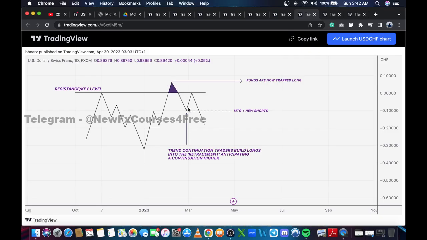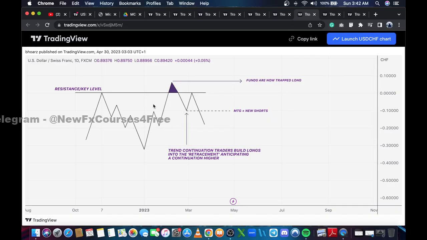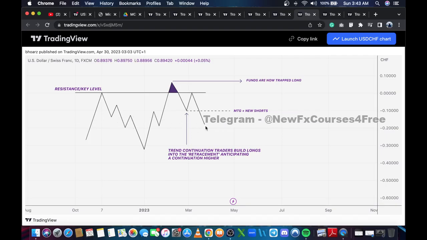So new funds are going into the marketplace building longs, thinking this is a continuation and just a retracement. In this retracement higher, the institutions sell even more as price retests the old level. They're selling even more into the rally, and then you get an aggressive displacement lower.